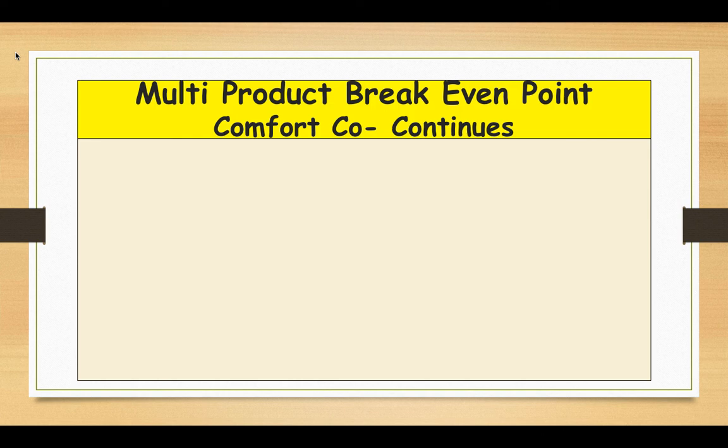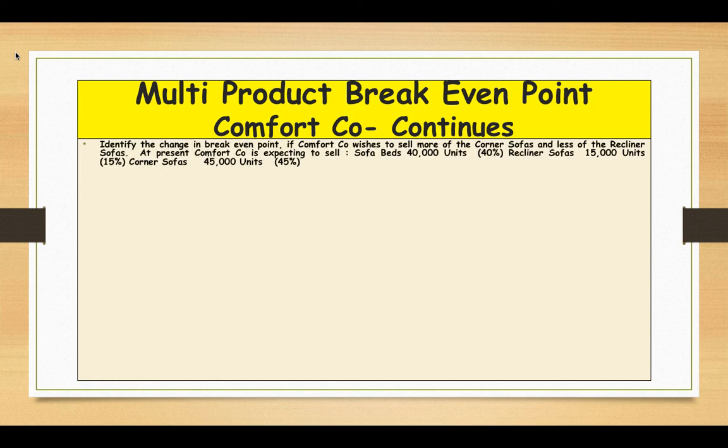So we're going to see what will happen to the break-even point. Identify the change in break-even point if Comfort Company wishes to sell more of the corner sofas and less of the recliner sofas. So here, this is about changing the sales mix.